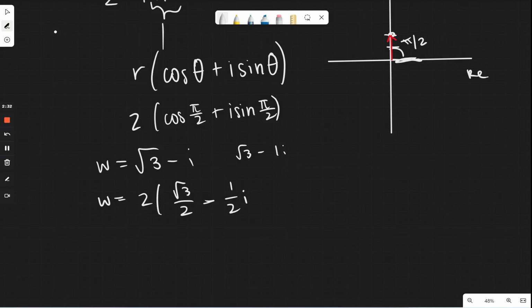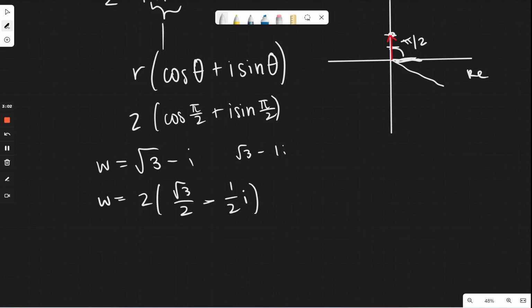What do these numbers look like? Sine goes with i, because it's on the imaginary axis, and cosine goes with the real numbers. So we ask which angle gives us square root 3 over 2 in cosine and negative 1/2 in sine. That would be about right here, and this is negative pi over 6, so 11 pi over 6.